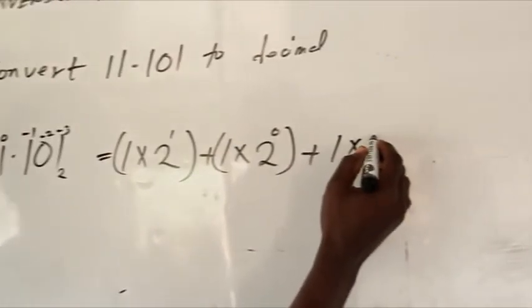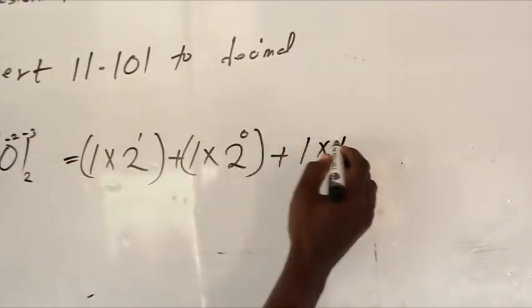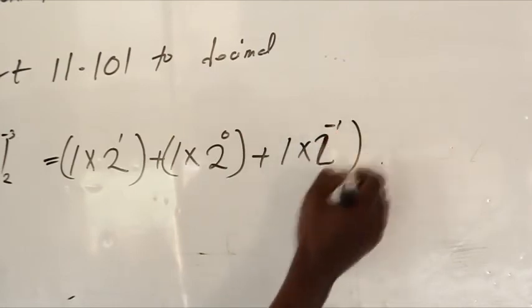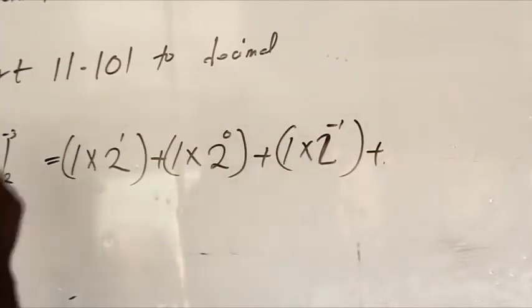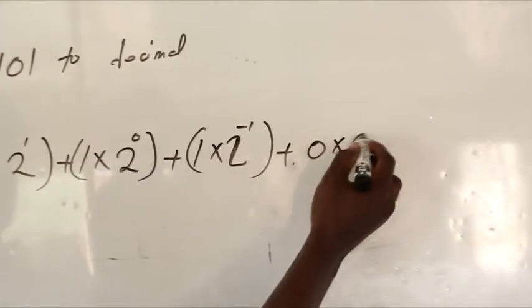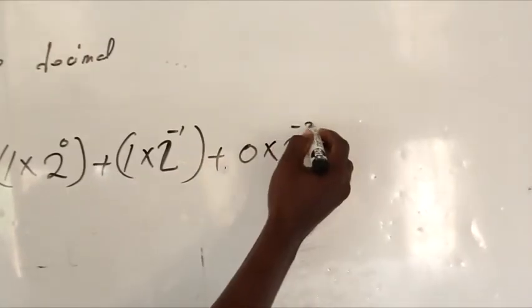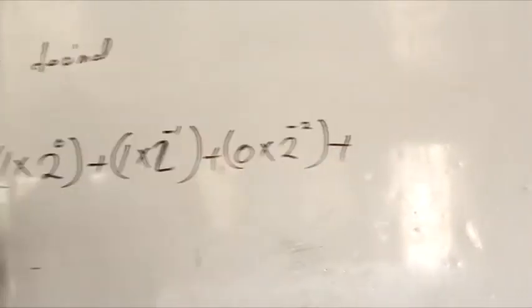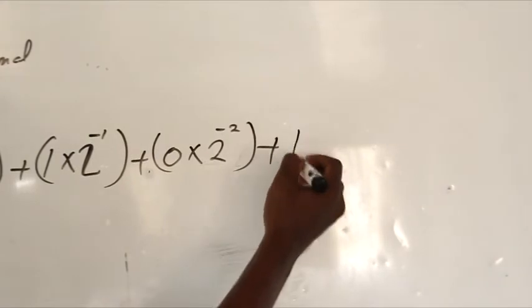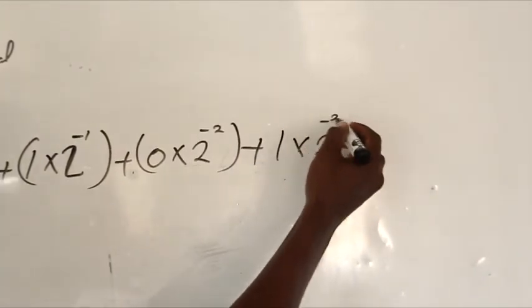1 times 2 raised to the power of minus 1 plus 0 times 2 raised to the power of minus 2 plus 1 times 2 raised to the power of minus 3.